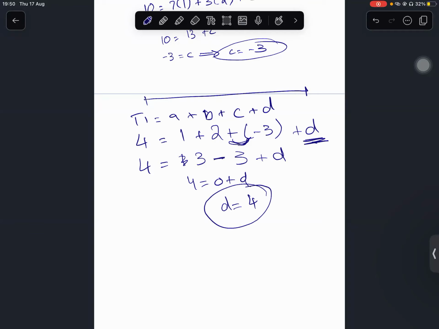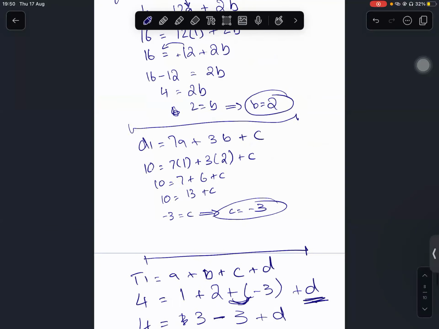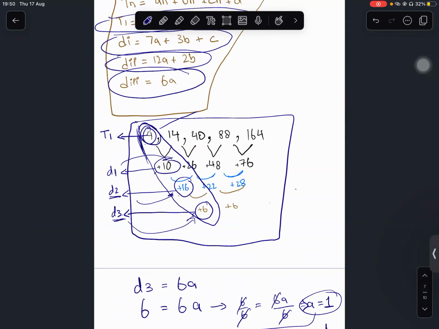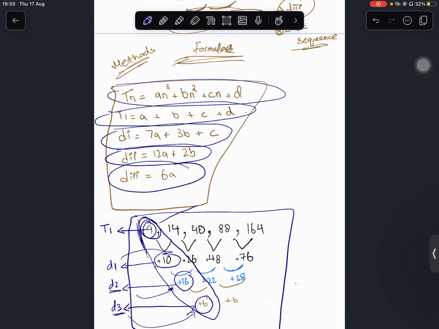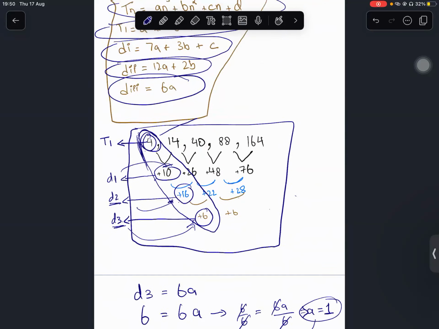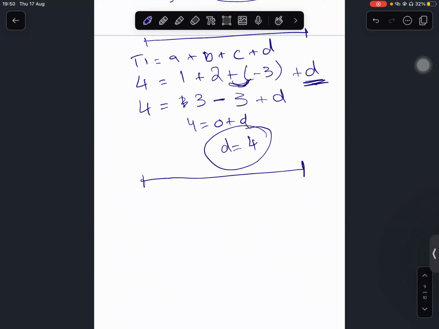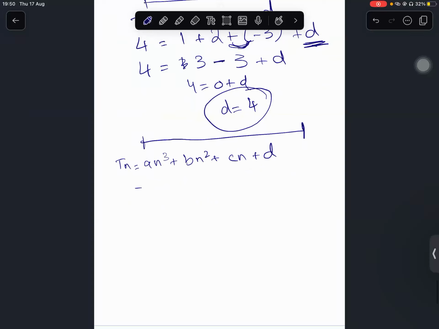So are we good till here? Yes. The last thing is the equation Tn equals an cubed plus bn squared plus cn plus d. We'll just put in the values of a, b, c, and d. For us, a was 1, so 1n cubed, plus b was 2, so 2n squared.